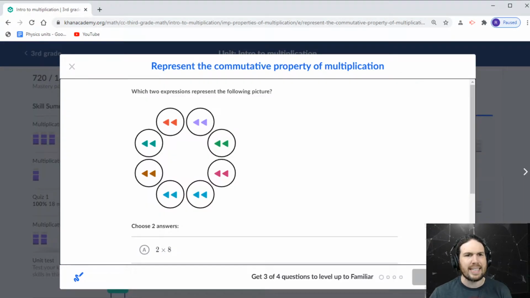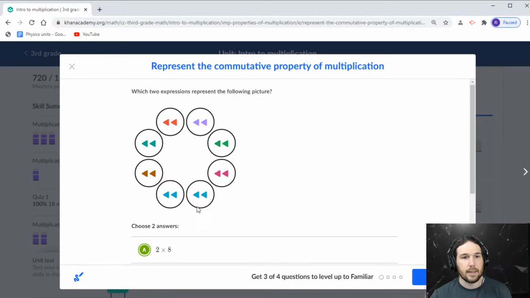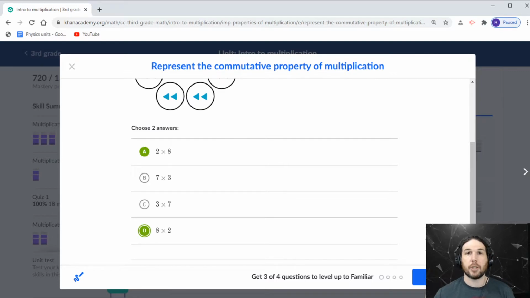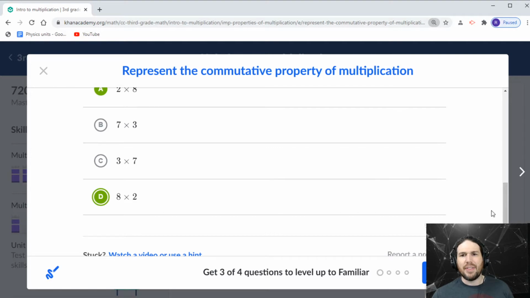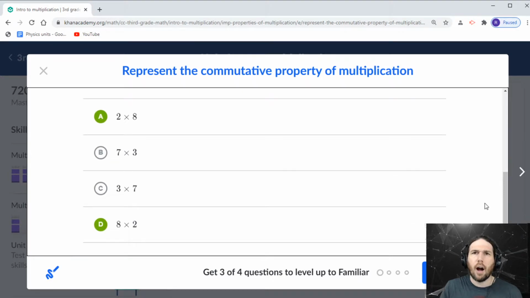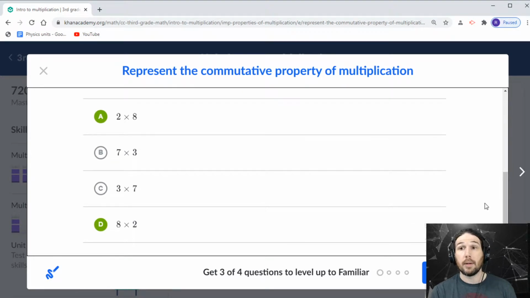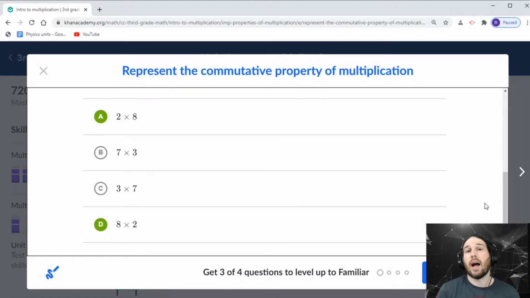And we're going to represent it by saying that 2 times 8, 1, 2, 3, 4, 5, 6, 7, 8, is the same as 8 times 2. And again, this is one of those things that I know is obvious as an adult, especially as an adult who has been teaching math for 20 years, but it's not obvious when you're first learning it.